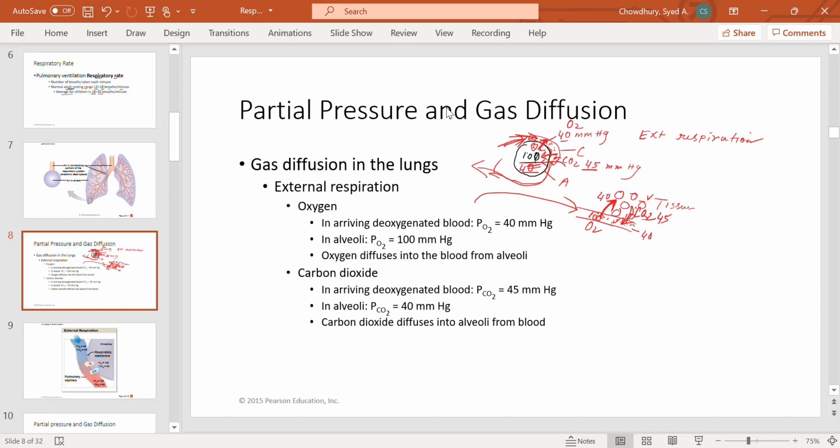And 5 millimeter pressure difference of carbon dioxide moves the carbon dioxide from one place to another. Why do you need less pressure to move the carbon dioxide but more pressure to move the oxygen? The reason is carbon dioxide is more permeable through the living membrane. So a small pressure difference will move the carbon dioxide more easily. Make sense?